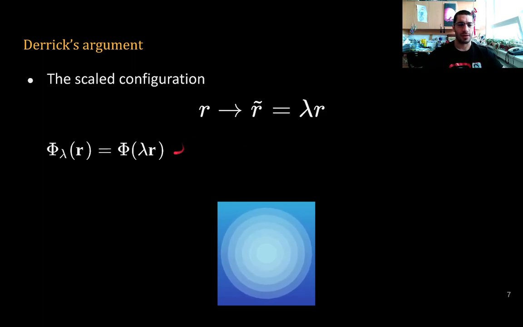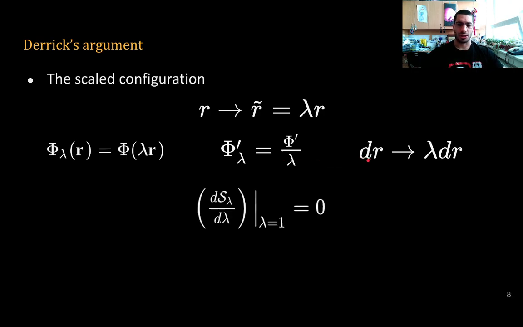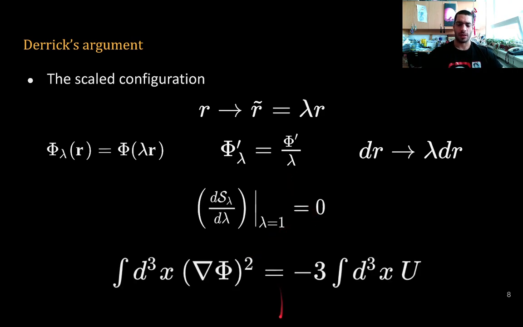This means that phi goes to phi of lambda r, the derivative goes as 1 over lambda, and dr goes to lambda dr. Then, applying the variation of the action, we obtain the following identity, where we can see that the left-hand side is always positive, and hence, since we are only interested in non-negative self-interaction potentials, this relation can never be obeyed, and hence, solitonic objects made by this kind of model are impossible. This is known as a no-go theorem.